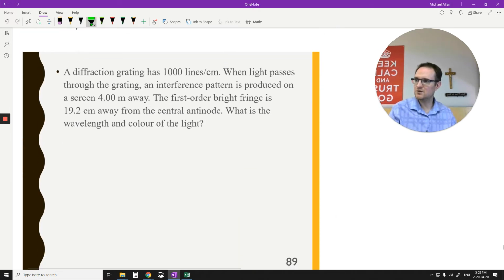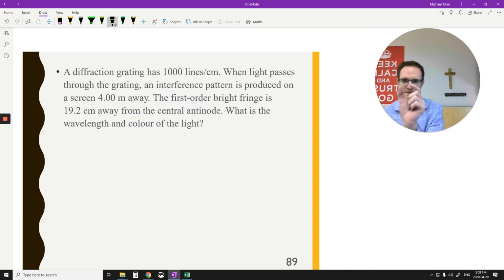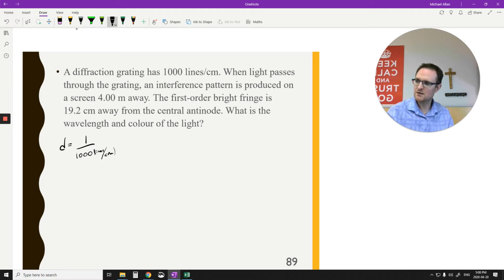So an example of this would be this next question. Now you don't necessarily have 1 centimeter of material. You might have a big chunk of material. They're just telling us that within 1 centimeter of that material, there are 1,000 lines. So the d value for all the math that we're going to do is just 1 over 1,000 lines per centimeter.